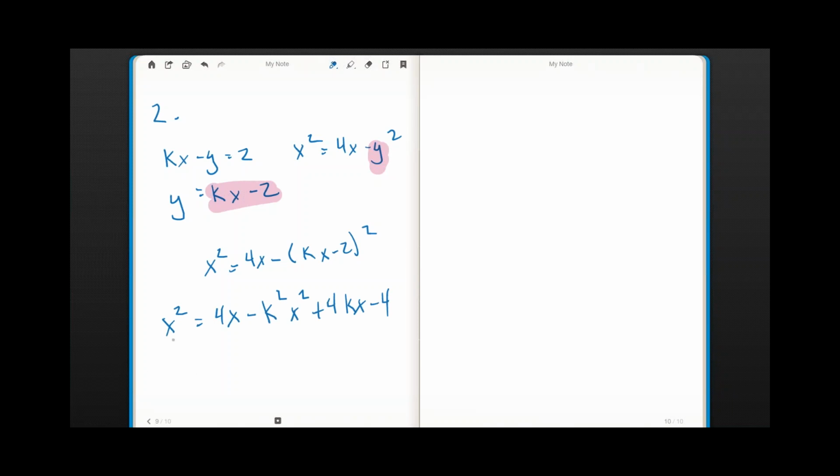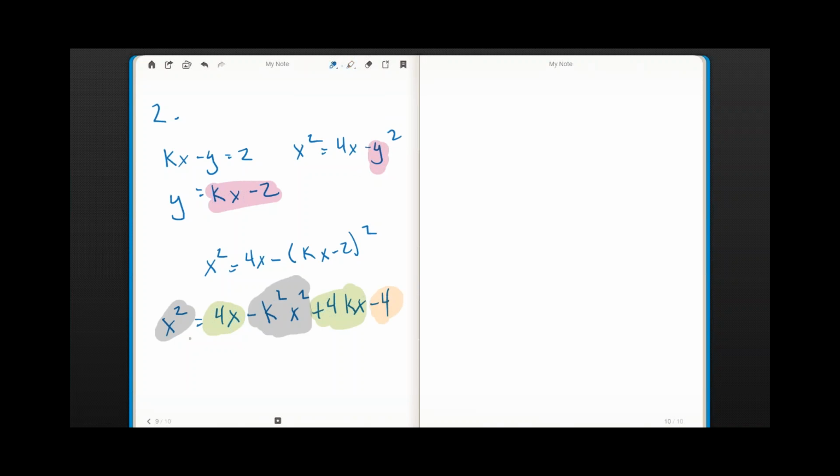And then when I combine things together, notice here's an x squared term and here's an x squared term. It looks weird because it has a variable as a coefficient, but it's still an x squared term. This is an x term and this is an x term. And finally, this is my only constant.